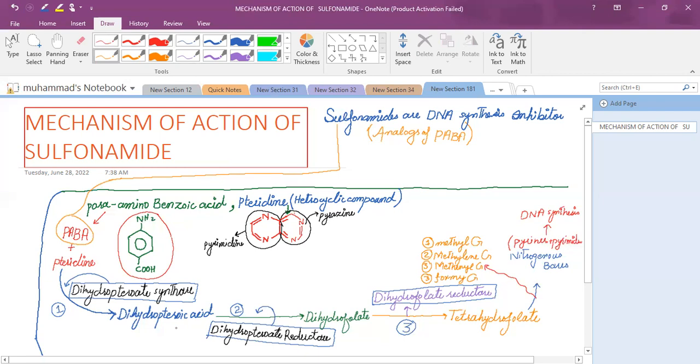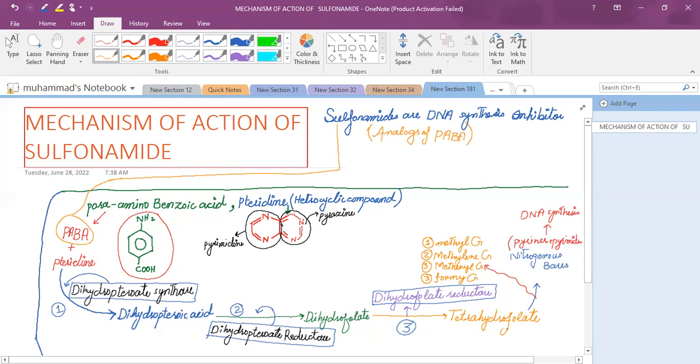So when dihydropteroic acid is pseudo in nature, definitely dihydrofolate will also be pseudo in nature because of sulfonamide impurity. In this way, this sequence will keep on moving, and tetrahydrofolate will also be a pseudo tetrahydrofolate.